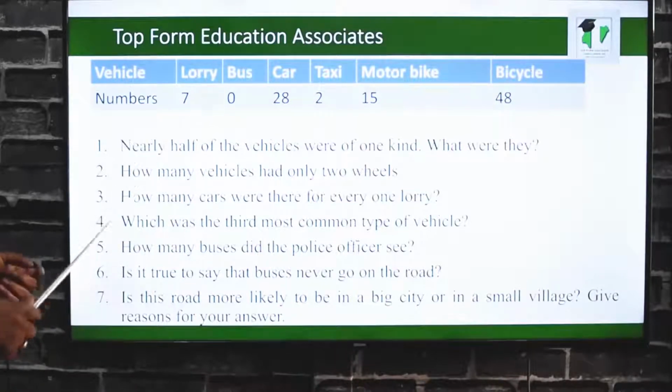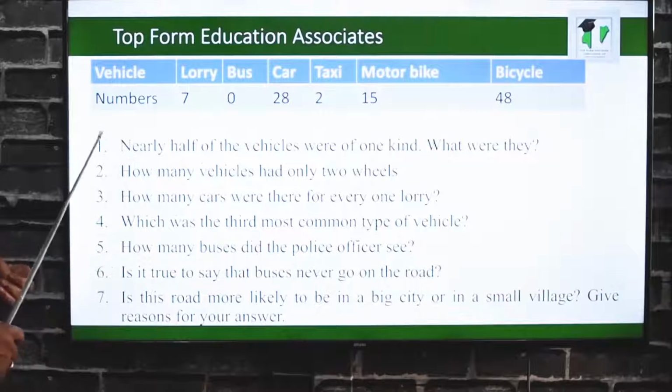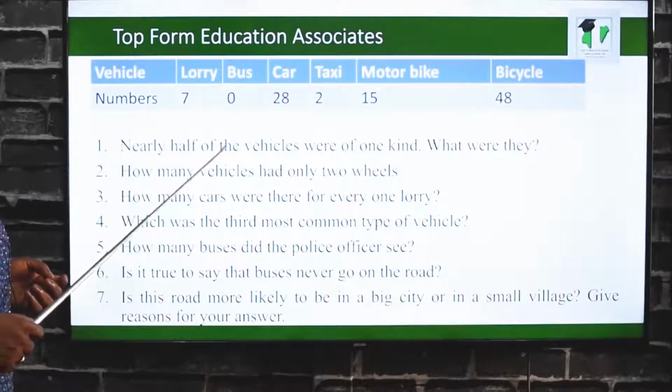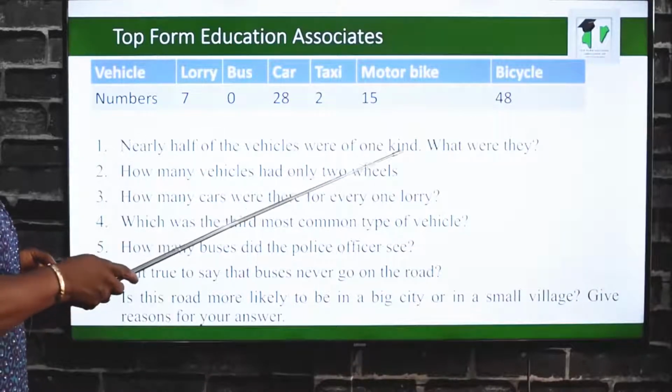So, questions on this frequency table. Number 1, nearly half of the vehicles were of one kind.